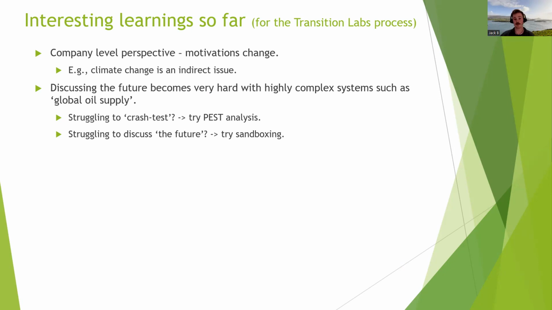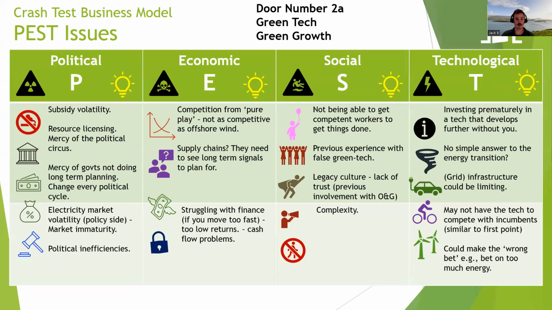So instead of crash testing in our scenario, we used the method of PEST analysis, which some of you might have heard of. How we're using it here is we pick a scenario, in this case green tech, green growth scenarios for business, and assume that it's going to be viable. Then we look at the different components, political, economic, social, and think about what could erode the validity of this business model.